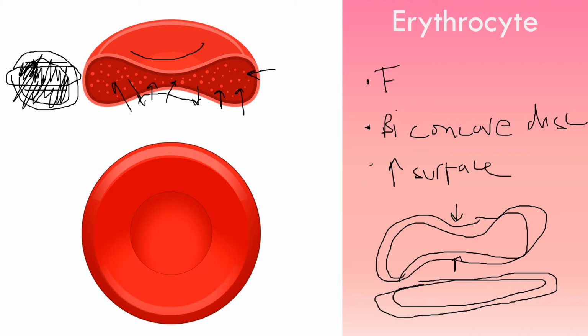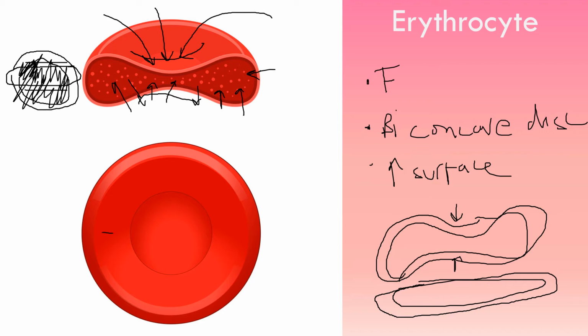There are arguments, and see whether you can find the research into it, that because it's got a disc shape, when it's being pumped around the blood vessels as a fluid, this biconcave disc allows it to be pushed through the system better. That's something you might well find.